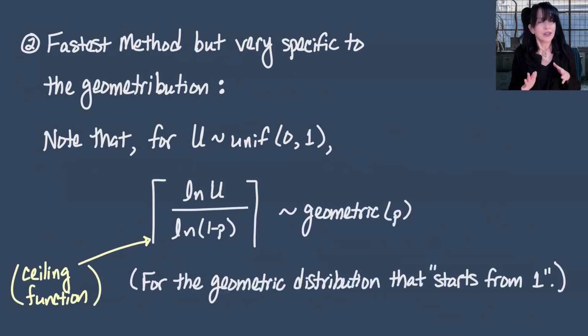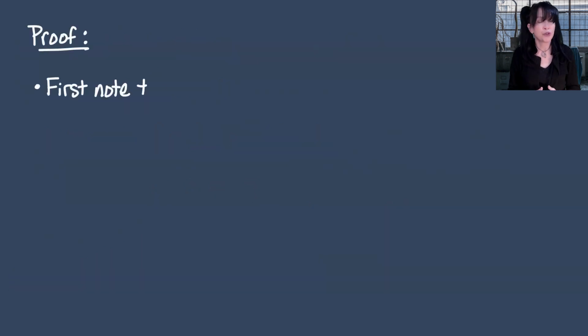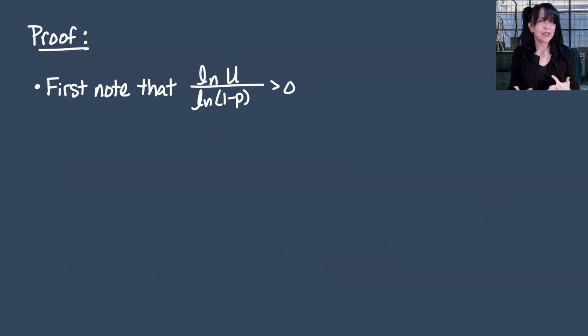So let's prove it. First, note that the quantity inside the ceiling function, the natural log of u over the natural log of 1 minus p, is greater than 0 because the natural log of numbers between 0 and 1 is negative. So this uniform is between 0 and 1, and 1 minus p is between 0 and 1. So you actually have a negative over a negative here, which is positive. So we know we're going to get positive values for this.